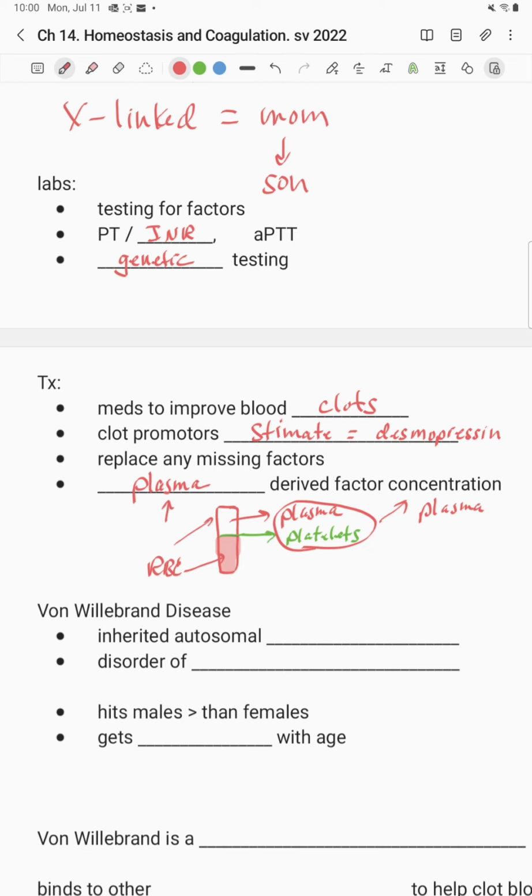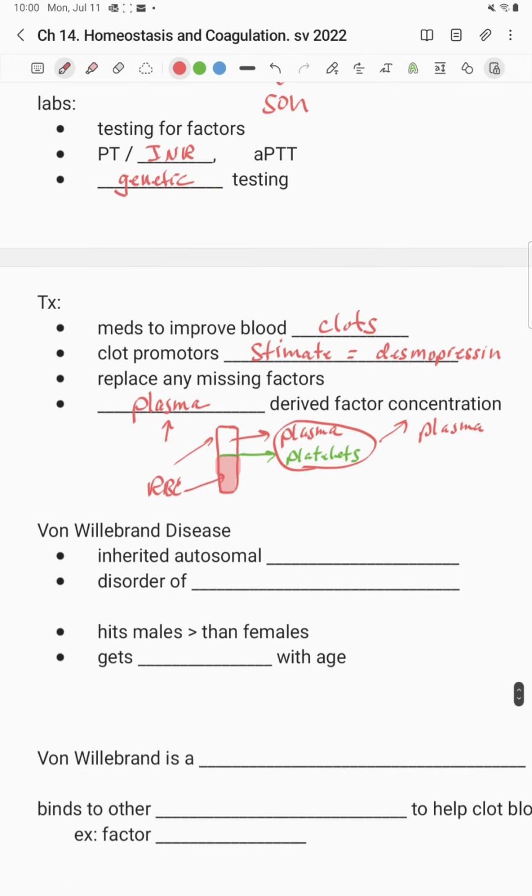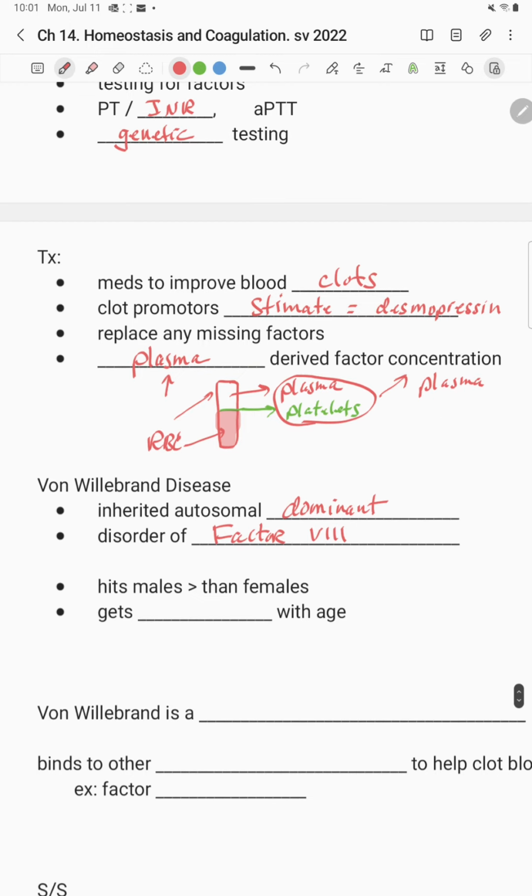Okay, von Willebrand disease is an inherited autosomal dominant disorder of factor 8. Okay, it hits males more than females, and it gets worse with age.